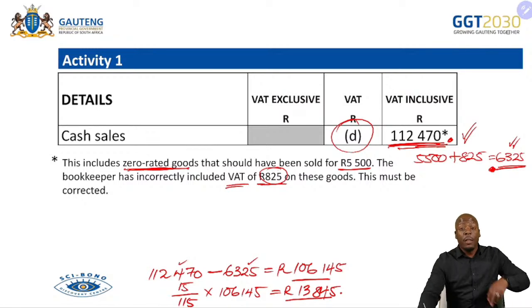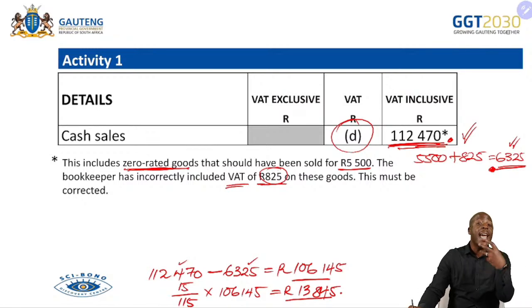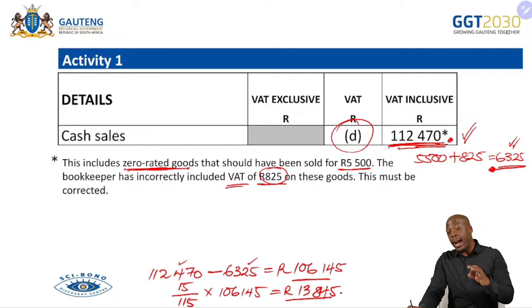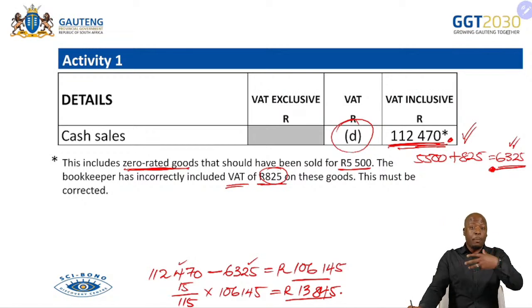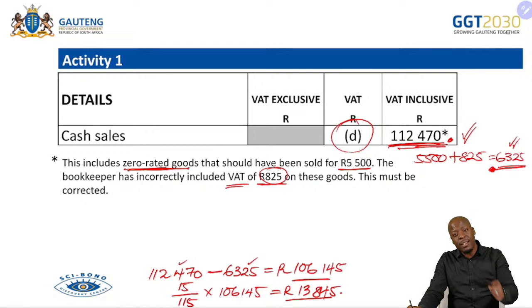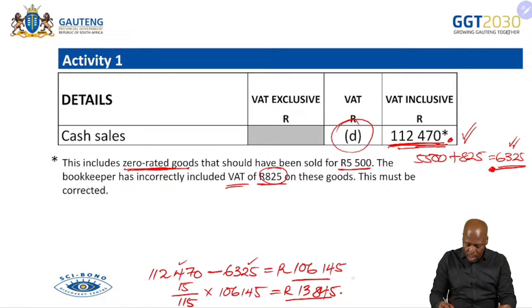All right. So the trick here was that there was an error. Our bookkeeper made an error. The bookkeeper included zero rated items into the standard rated items amount. So the procedure is simply to take the zero rated items out and then remain with the standard rated items. That is what we did on the top here.